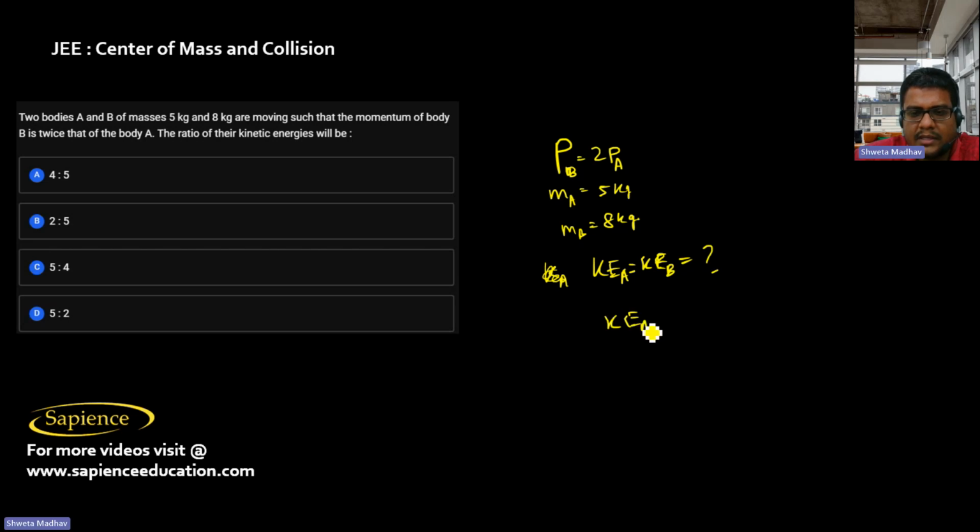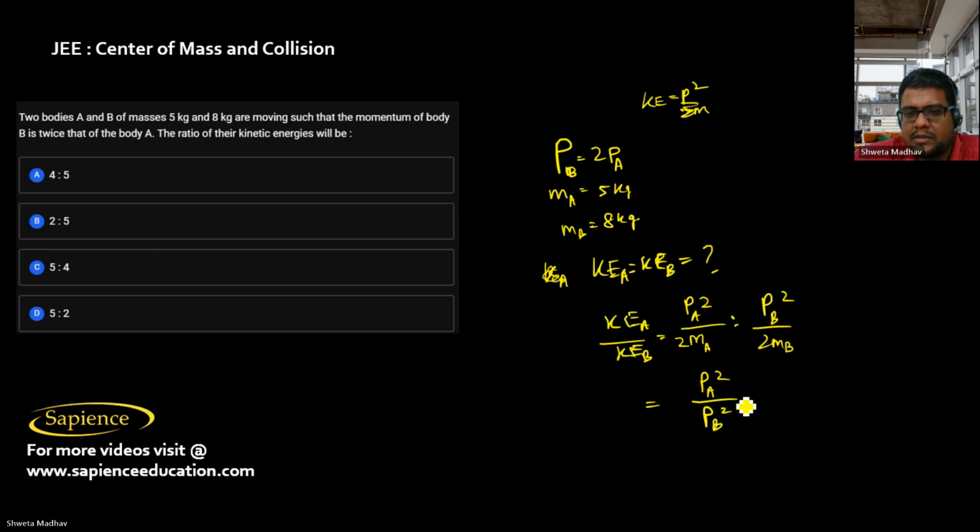Now KEA by KEB will be equal to, we know that kinetic energy is P square by 2m. So this will be equal to PA square by 2MA is to PB square by 2MB. It means that will be PA square by PB square into MB by MA.